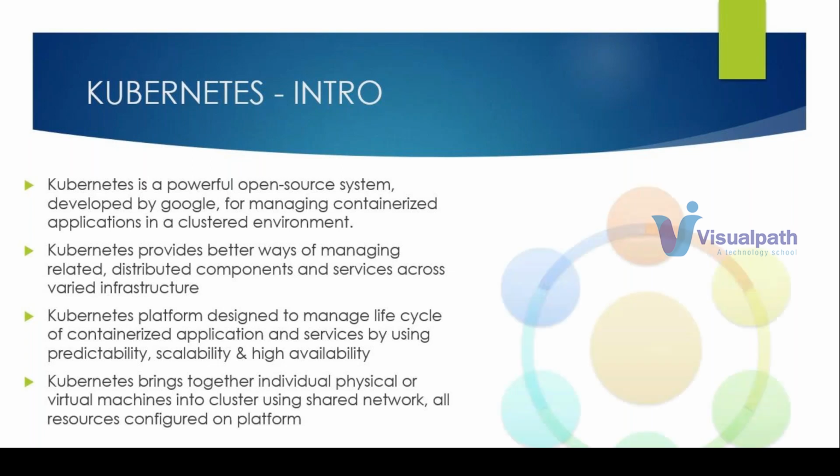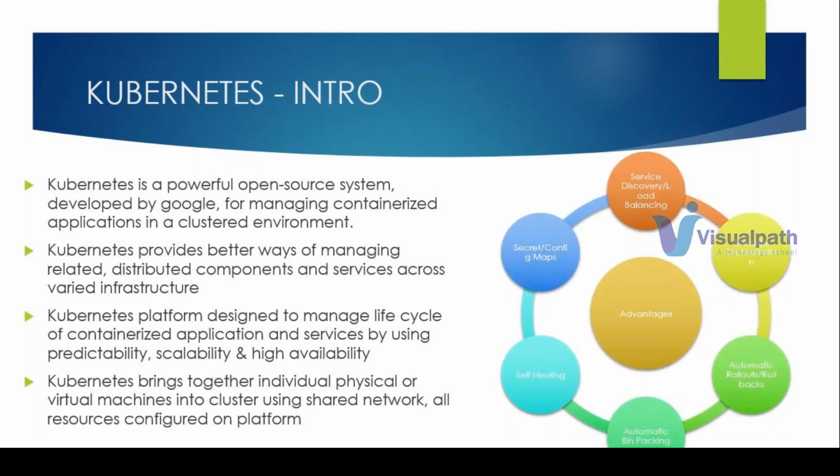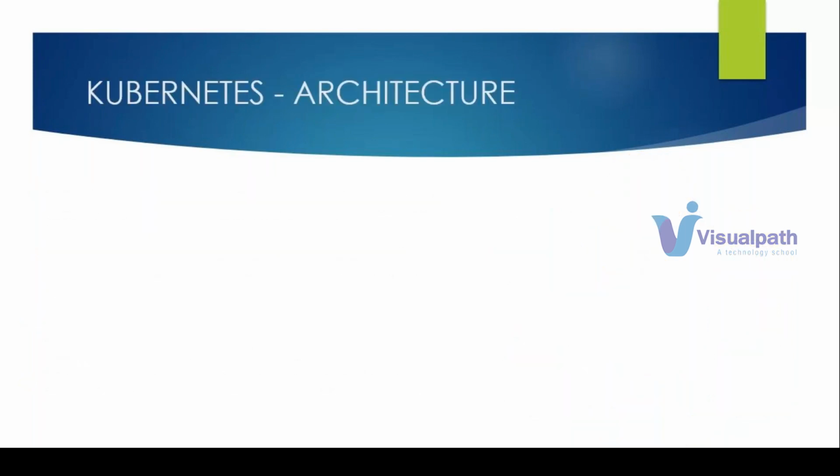So the advantages you can see here: self-healing, automatic bin packaging, automatic rollouts and rollbacks, storage orchestration, service discovery, load balancing, and secret and config map. Based on the need, Kubernetes spins up the pods. We'll talk about the pod later.